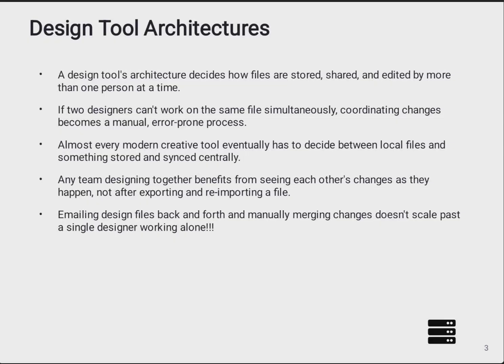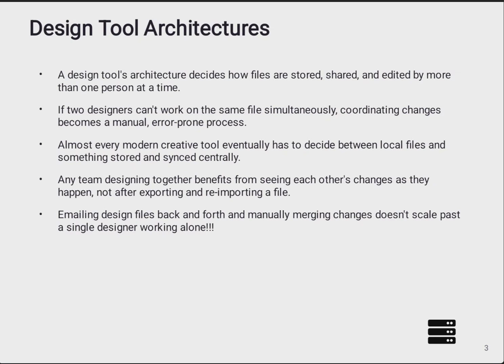Design Tool Architectures. A design tool's architecture decides how files are stored, shared, and edited by more than one person at a time. If two designers can't work on the same file simultaneously, coordinating changes becomes a manual, error-prone process.